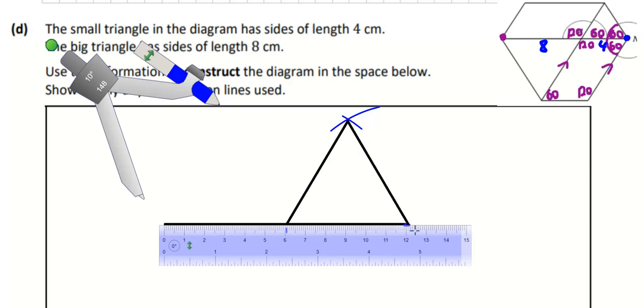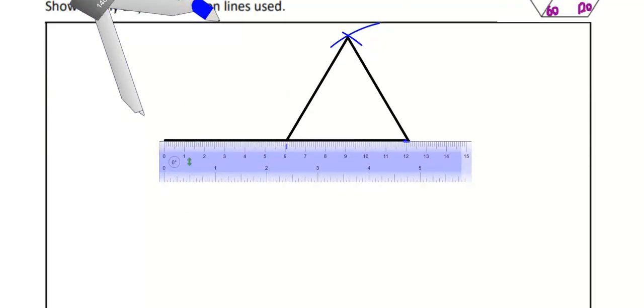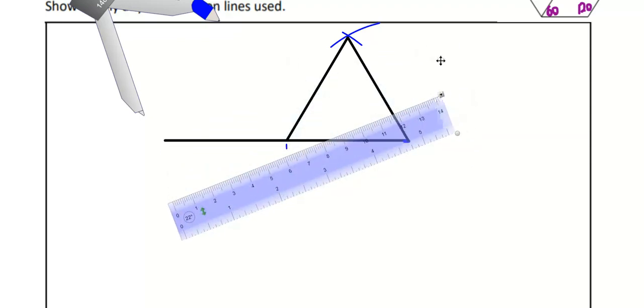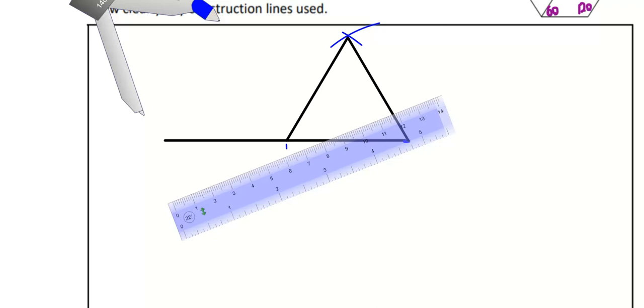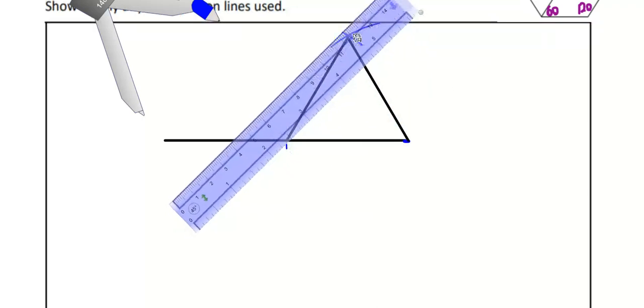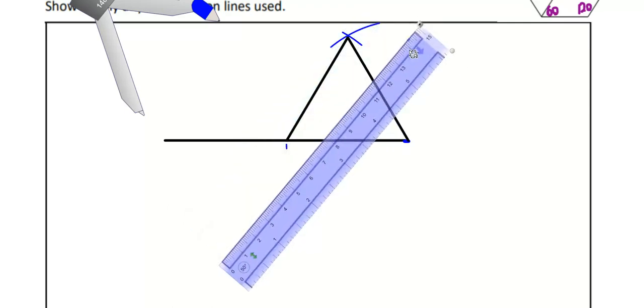Now, next thing I'm going to do is continue this line down here, because if that's 4 and that's 8, then I have another one of length 12 as well. So I can go from here to here, up, and do the last two things there. I can't mess with the size, so I need this to be 12 centimeters as well.